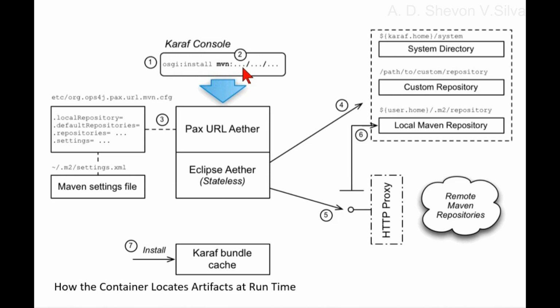Step 2: to resolve the Maven URL, the JVM calls back on the protocol handler registered against the mvn scheme, which happens to be the Pax URL Ether component.